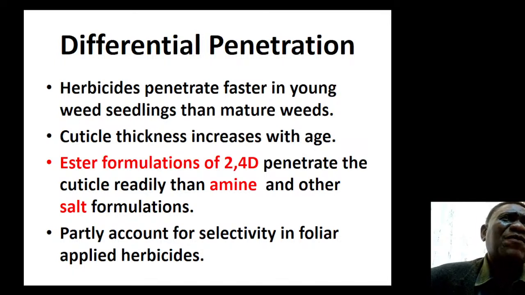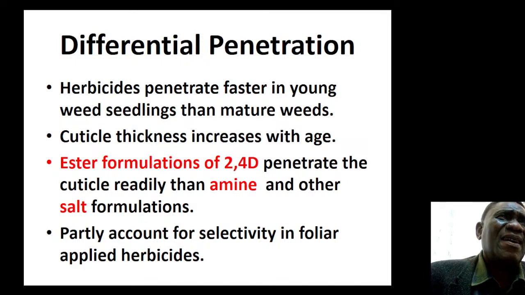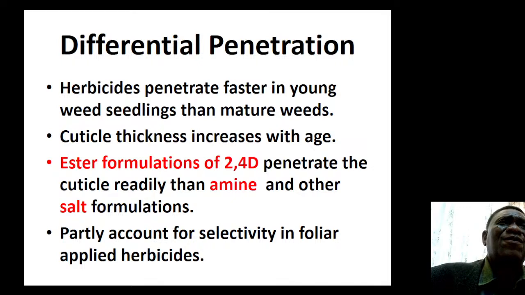We've said ester formulations of 2,4-D can penetrate fast into the cuticle compared probably to the amine and other salt formulations. And this can partly account for the selectivity of foliar applied herbicides, the formulation of the herbicides.